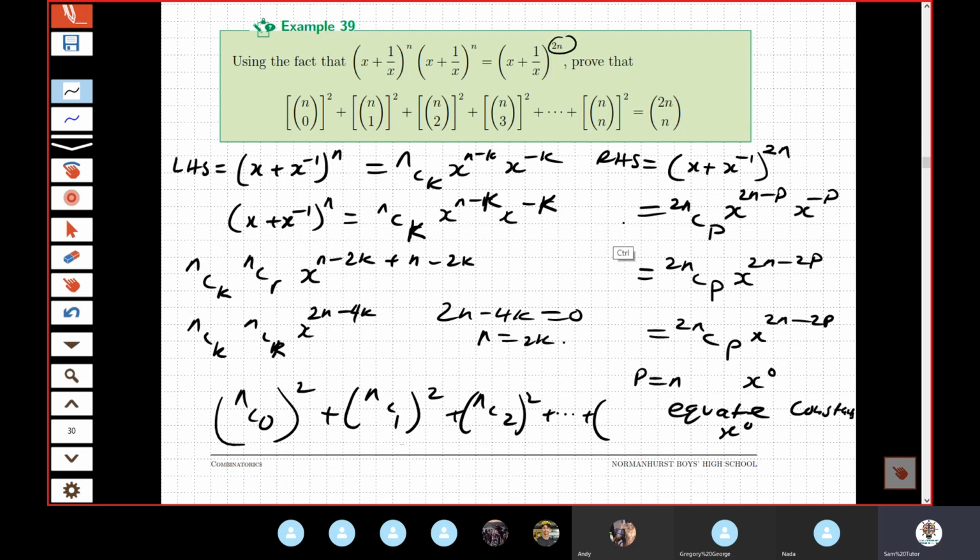So everything's working out. The last one should be n choose n squared. Your last k value is going to be n. Your first k is going to be 0, the next one's going to be 1, then 2, then 3, all the way up to n.